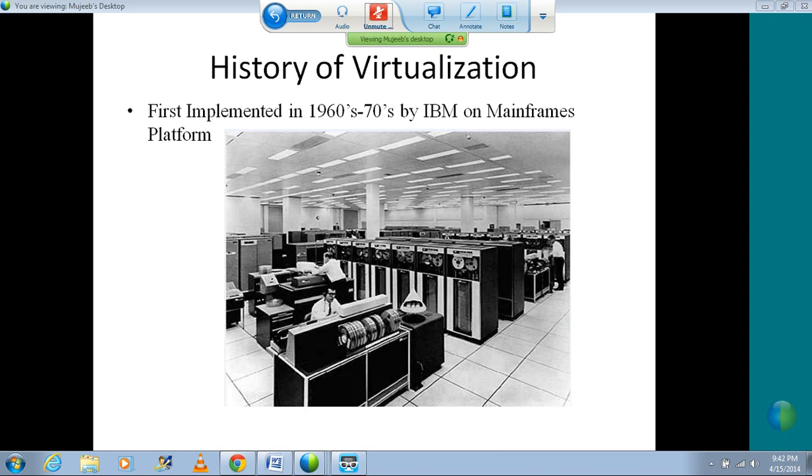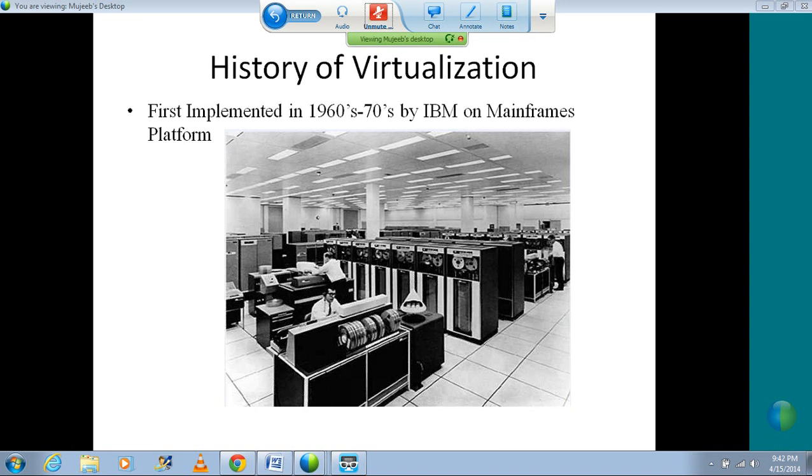Is virtualization not a good technology? No, it is a good technology, a powerful technology, a reliable technology. Then what went wrong? Why didn't our IT infrastructures use this beautiful and powerful technology called virtualization? For that, we need to know a little bit about history. Now, guys, this virtualization technology was implemented on mainframe platforms in the 1970s itself.